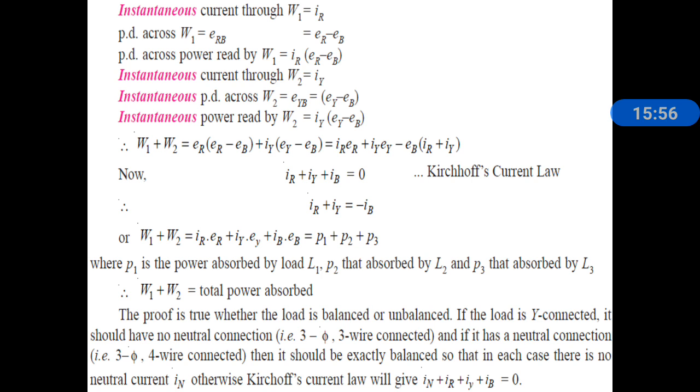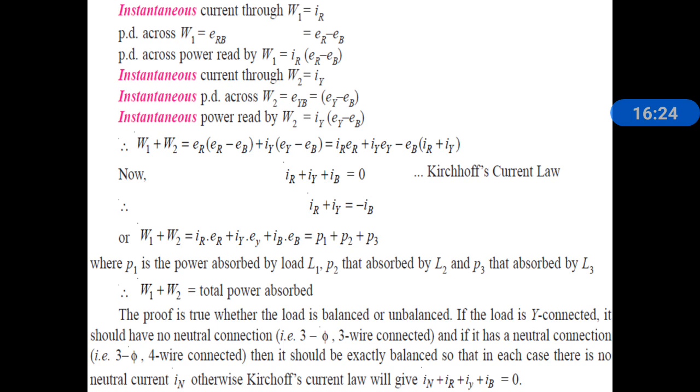Here the instantaneous current through W1 is IR, and the potential difference across W1 is ERB. ERB we elongated, that is ER minus EB, as we did in the third module problems. So ER minus EB is the potential difference across W1.